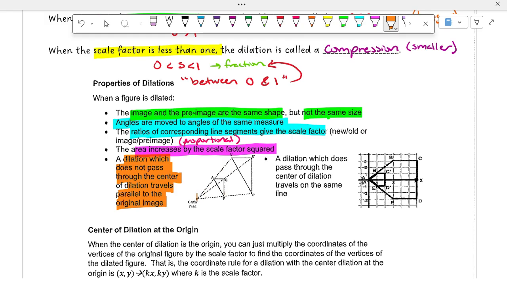If the center point is here and we dilated this figure, it got bigger. This figure got smaller than this figure. That's what dilations look like. It's literally getting bigger or smaller, and the orientation should stay the same. It's just bigger or smaller.